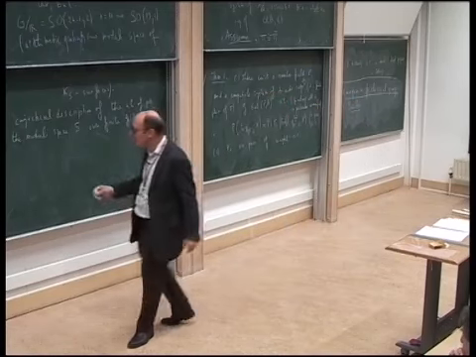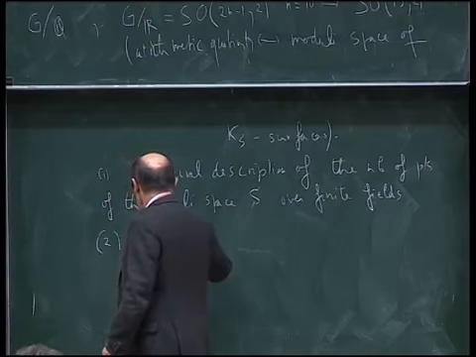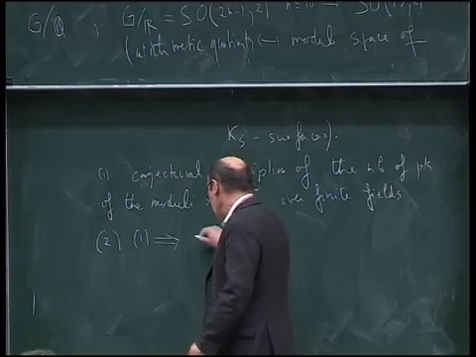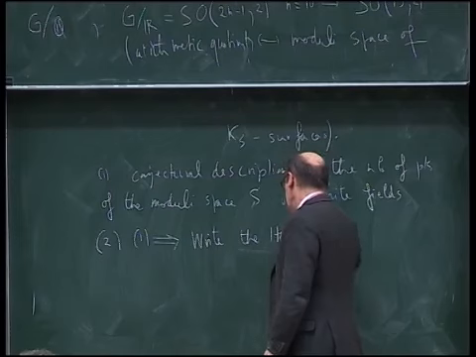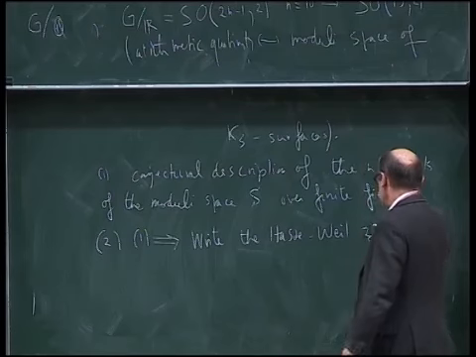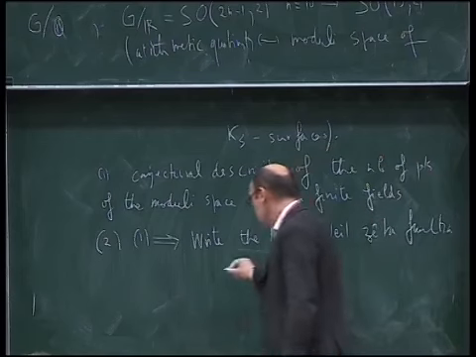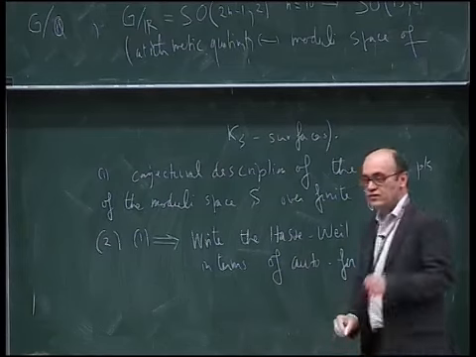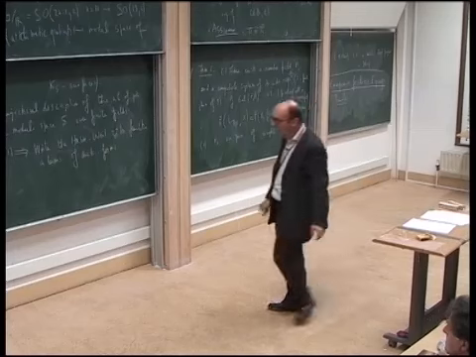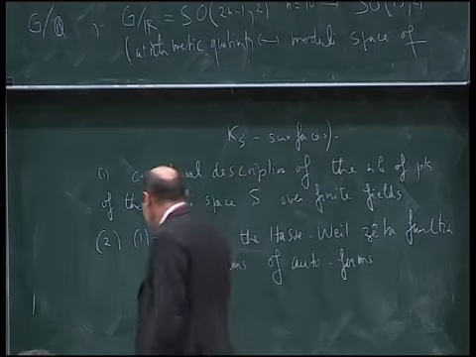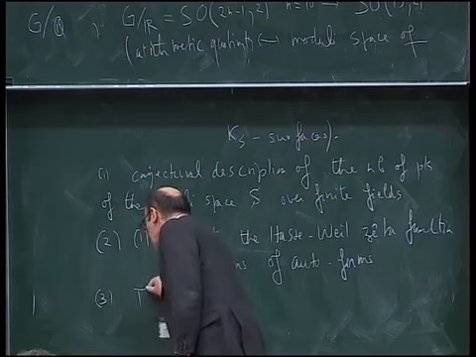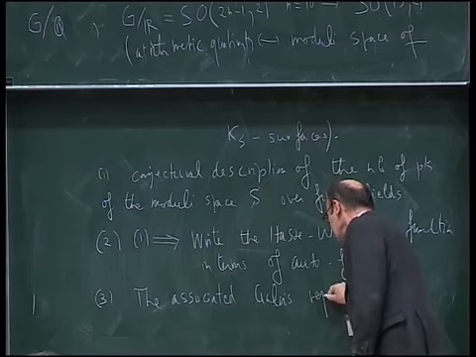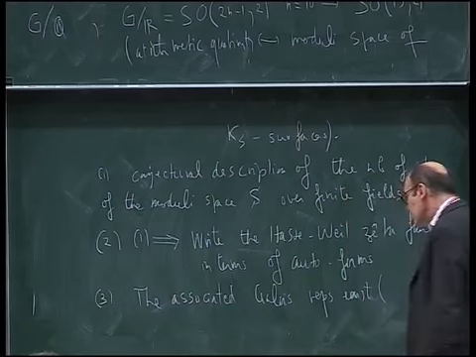Second, if you believe this conjectural description, and if you use Arthur's results, you can actually write the zeta function in terms of automorphic forms, so L-functions of automorphic forms. Third, because of functoriality between this group and GLN, all the associated Galois representations exist. That's essentially because of the previous arguments.